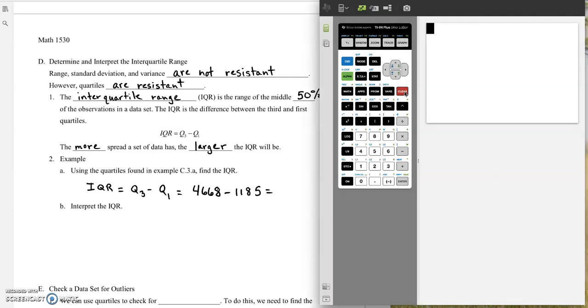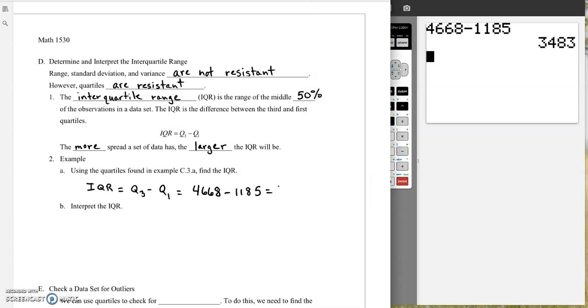If we do that, 4,668 minus 1,185, we have 3,483.